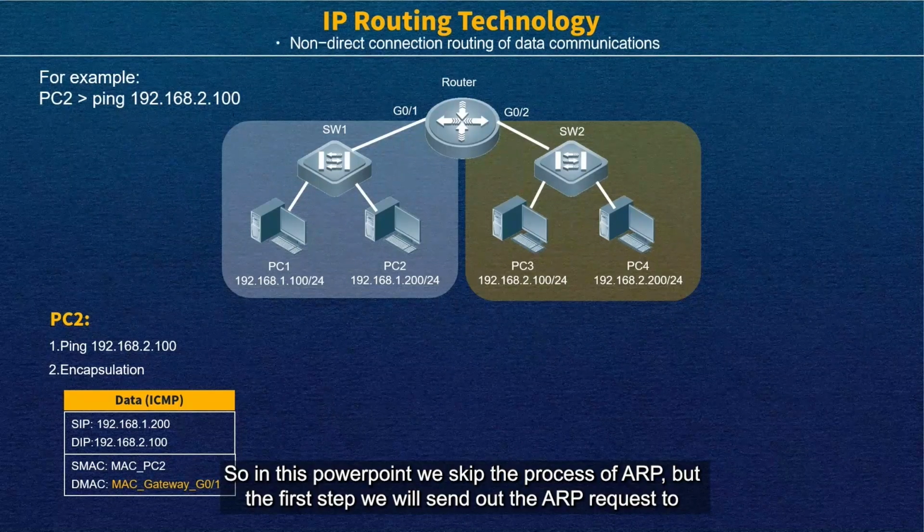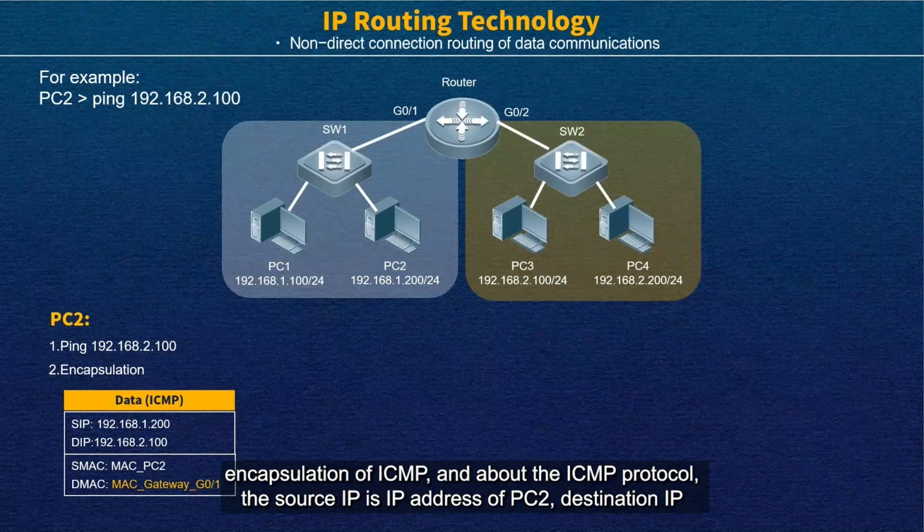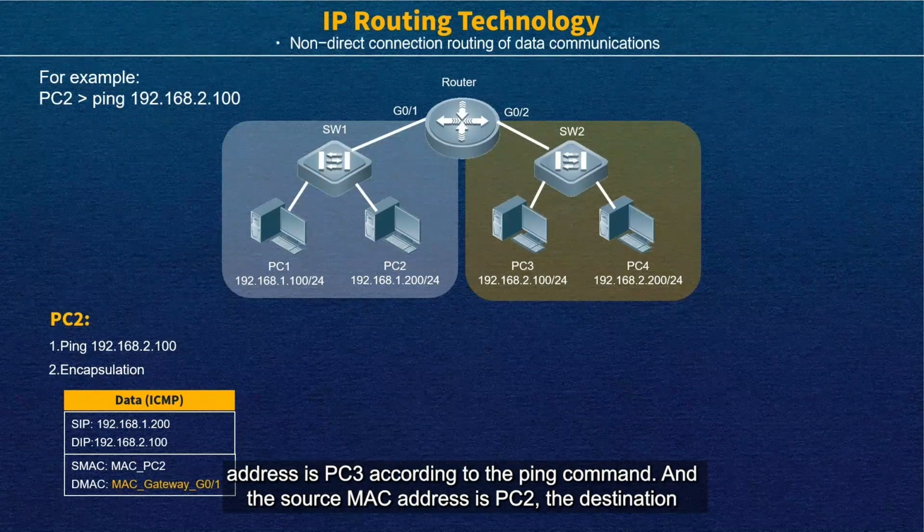In this PowerPoint, we skip the ARP process, but the first step is that we will send out the ARP request to get the gateway MAC address, okay? And later, after we get the correct MAC address, we will do the encapsulation of ICMP. In the ICMP packet, the source IP is the IP address of PC2, and the destination IP address is PC3 according to the ping command.